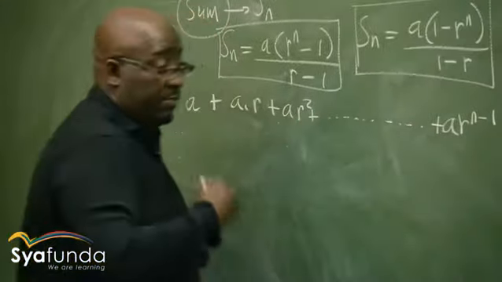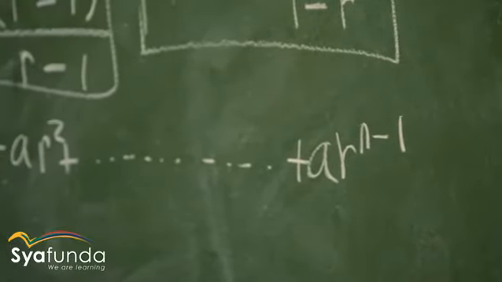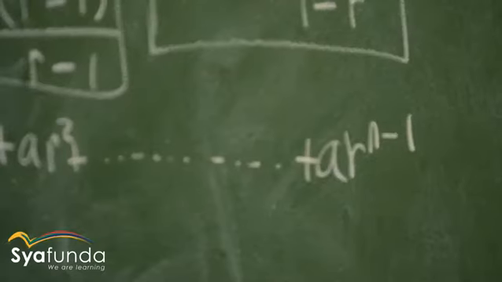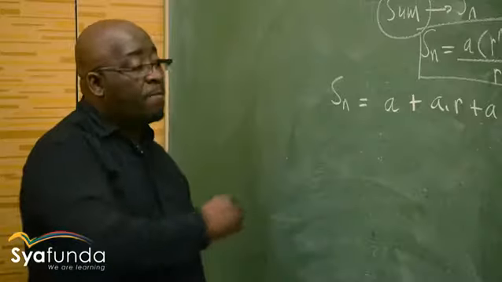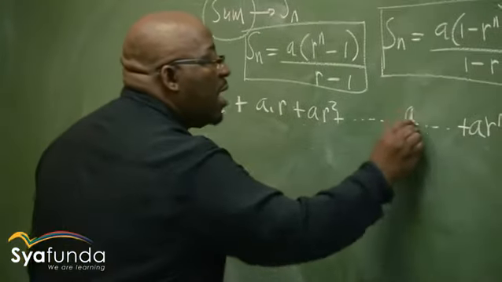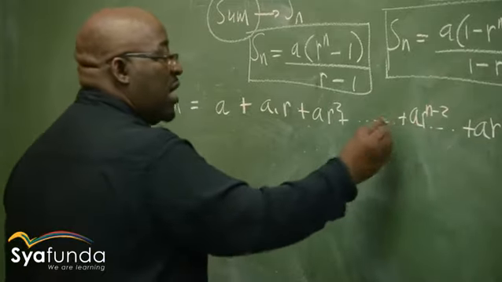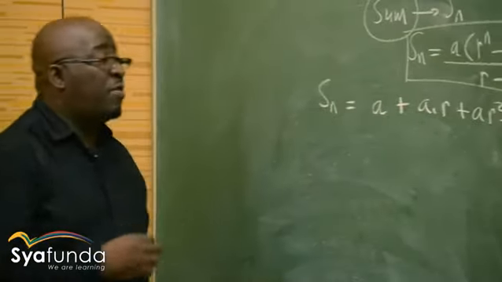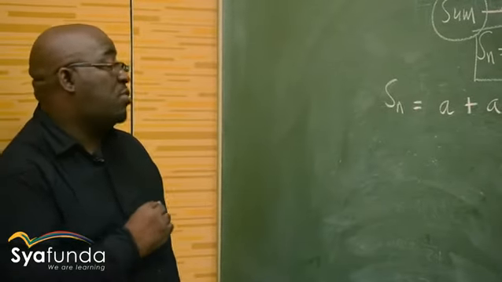That term will be AR to the power n minus 2. Let me just write it: AR to the power n minus 2. This is the one before the last, and you can find the one before that as well, but I was only interested in that particular one.